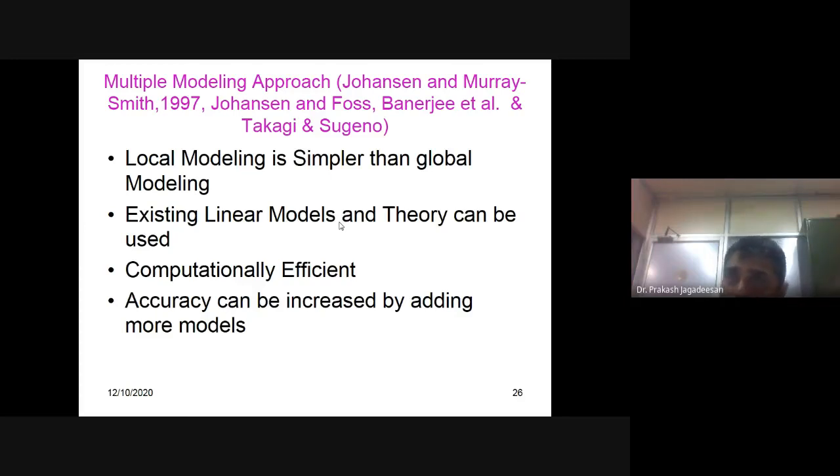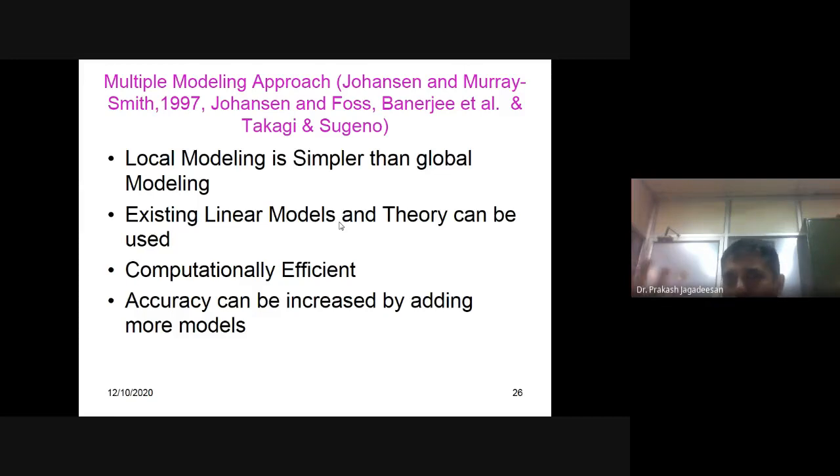So the approach here is to build simple linear models. I'm not going to build a complex model. I'm going to build simple models at different operating points. By combining those simple models developed at different operating points, one can accurately capture the dynamic behavior of the system. That concept is called local modeling. I'm not going to build a single linear model or a single non-linear model.